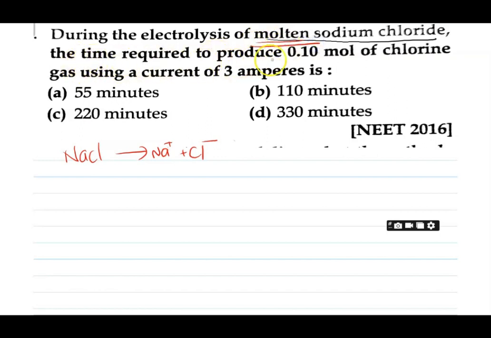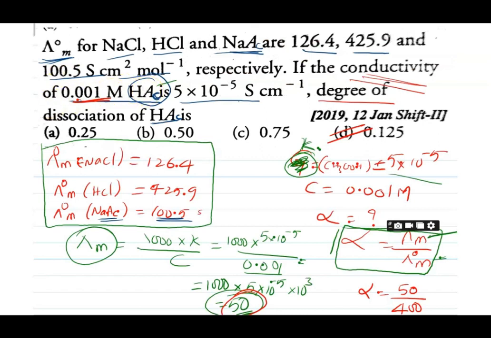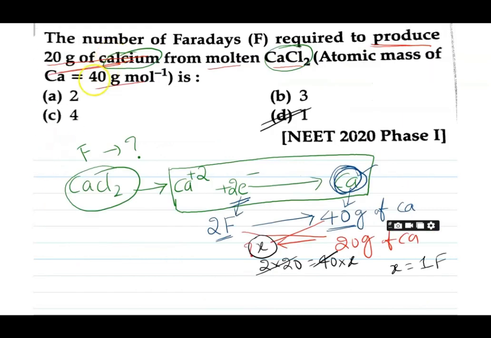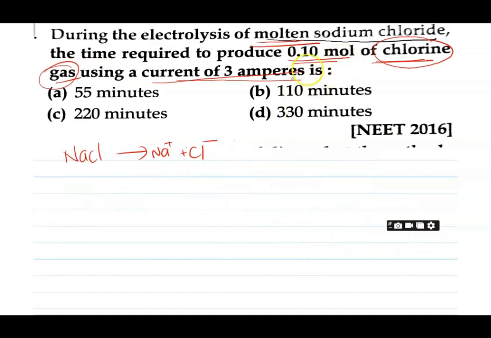The time required to produce 0.10 moles of chlorine gas using a current of 3 amperes. Now the question is on chlorine gas, and a gas is always liberated. The last question was on deposition; this one is on liberation.